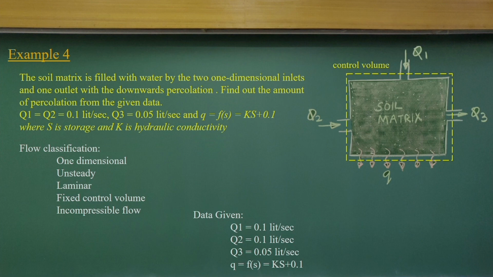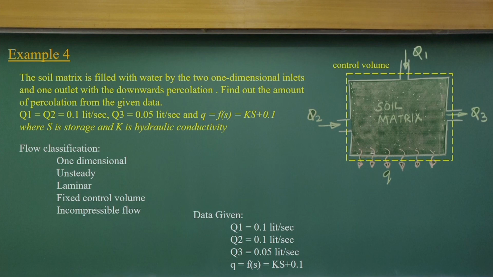The last time we discussed this problem, and I am going to repeat it for a more detailed understanding. Let us consider there is a soil matrix, that means there is soil having porous space, and in that compacted soil we have flow. Water is coming in as Q1 and Q2, and Q3 is going out.